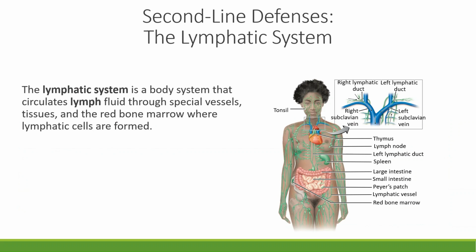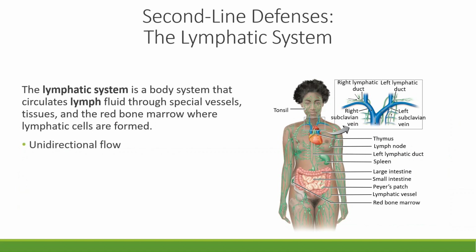And speaking of lymphocytes, we also need to understand what the lymphatic system is. The lymphatic system is different from our circulatory system. The lymphatic system is a network of vessels, tissues, and organs that circulates lymph fluid and plays a key role in immune defense.